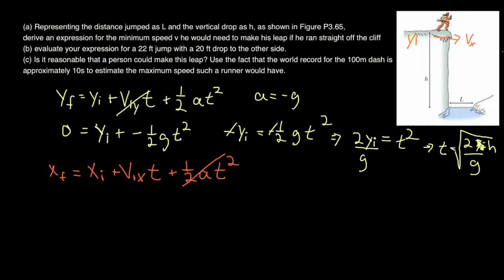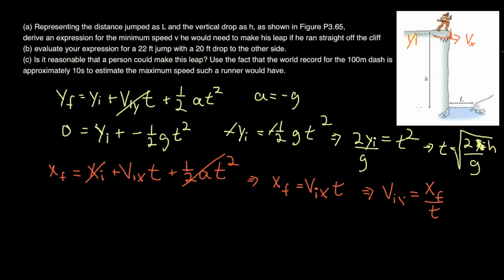We're taking this point to be our 0, so the initial position becomes 0, and this goes away. And so we're just left with x_f equal to v_ix times t. We're trying to solve for v_ix, the initial velocity in the x direction. So we rearrange this equation and we get v_ix is equal to x_f over t.